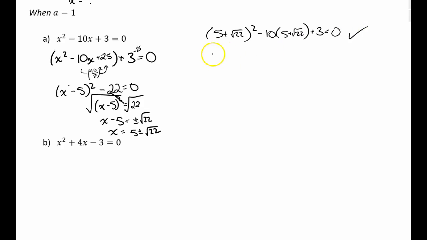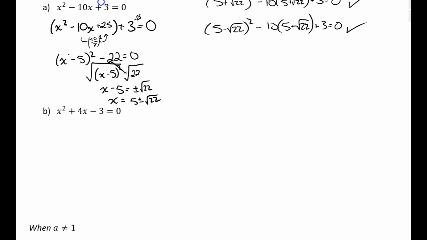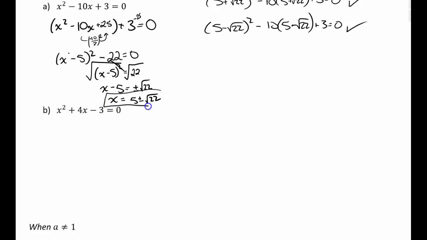Okay, it does work though, I promise. Do the same thing for 5 minus root 22 squared minus 10 times 5 minus root 22 plus 3 equals 0. And if you plug that into your calculator, you'll see that that works as well. So those are my two answers. Remember, two answers.